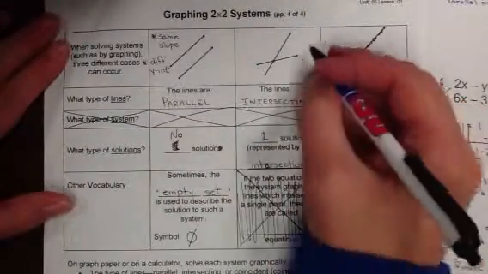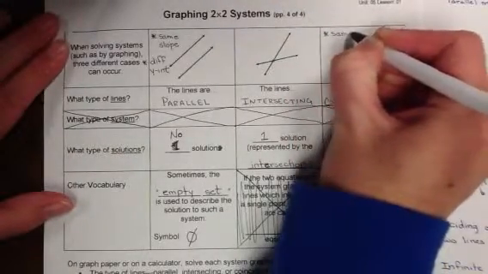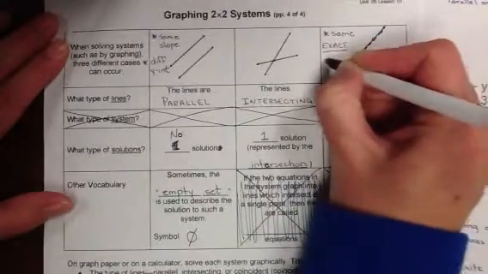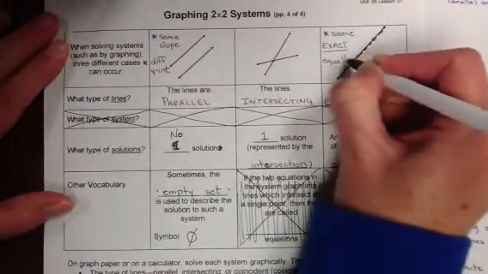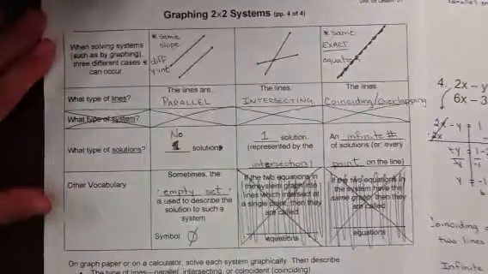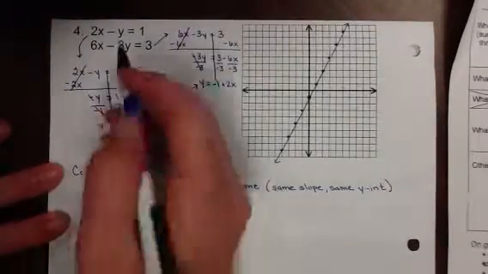These were coinciding. What we need to write up here is that it's the same exact equation. That means the slope is the same and the y-intercept is the same. So again, let's go back and look at the old set of notes. Let me fold it so we can see just that problem. If we look just at this problem, notice it's the same thing.